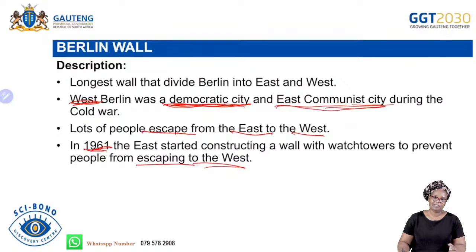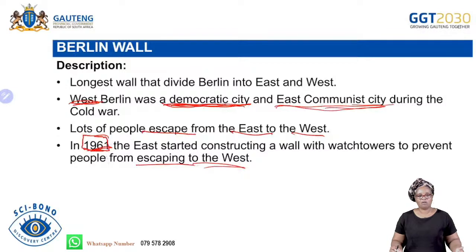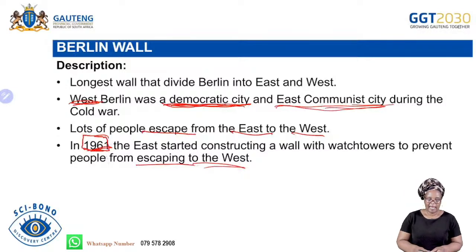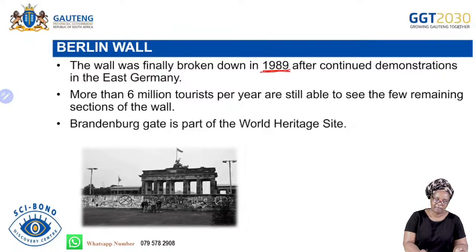And now the East came with a strategy to stop its people from leaving. That's why they built the Berlin Wall. In 1961, they started the construction of the wall to make sure that the East people remain in the East. But people still went to the West. The wall was finally broken down in 1989.